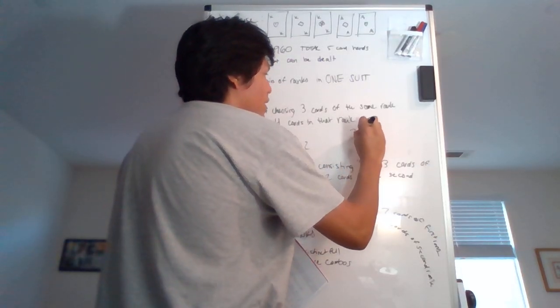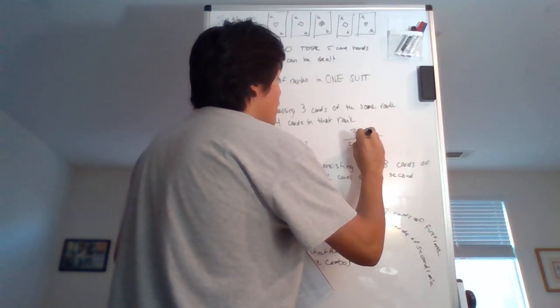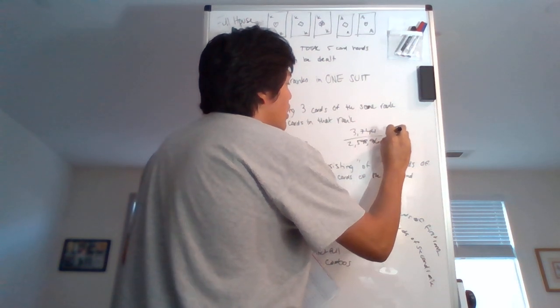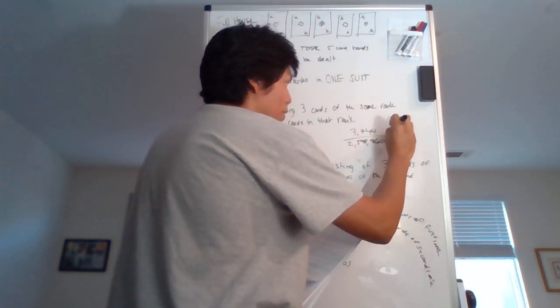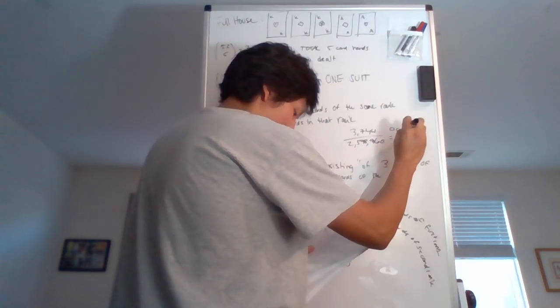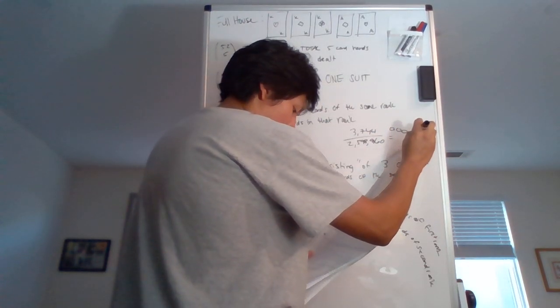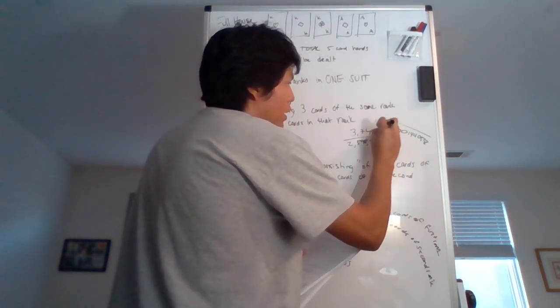So that's 3,744 over 2,598,960. And that is equal to 0.00144058. And that is our answer.